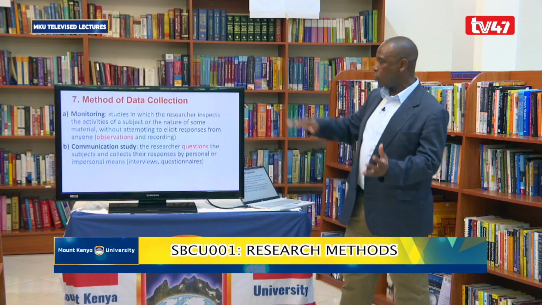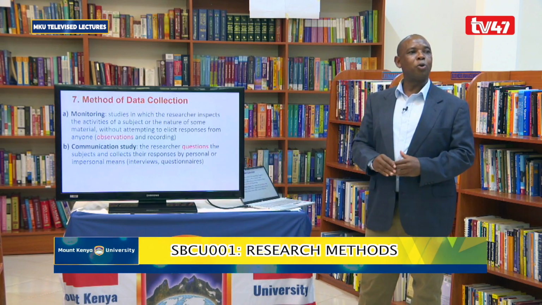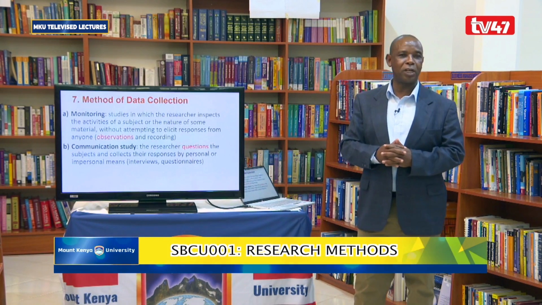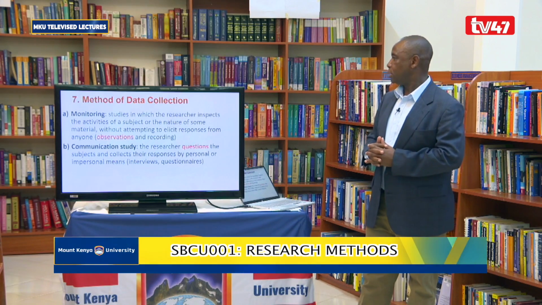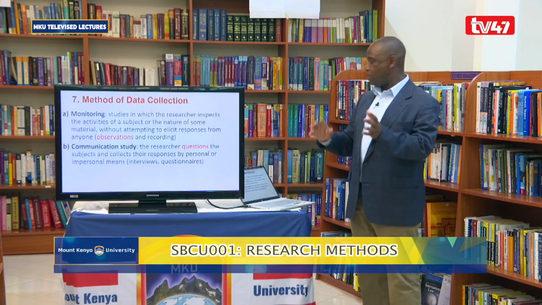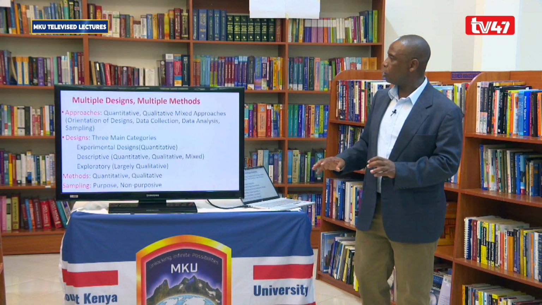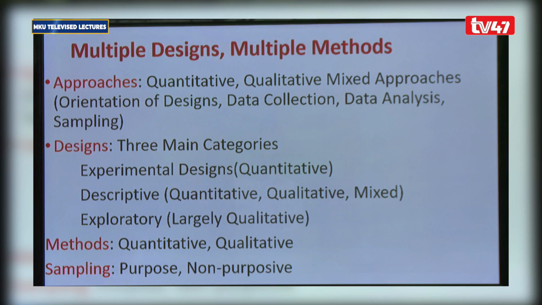So out of all those 7 levels now, you can proceed to classify. As you can see, there are so many variables involved in how to classify research designs. So there are 3 main ways now that you can classify out of all this. Because the designs are many, the methods are also many. How do we go about classifying research designs in such a way that you have control over what the designs are?